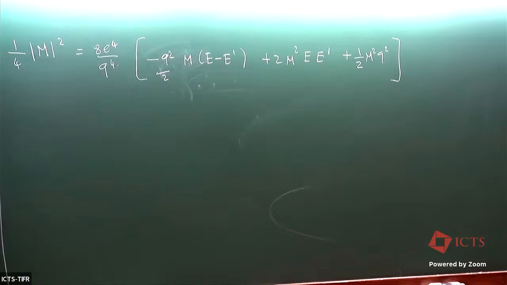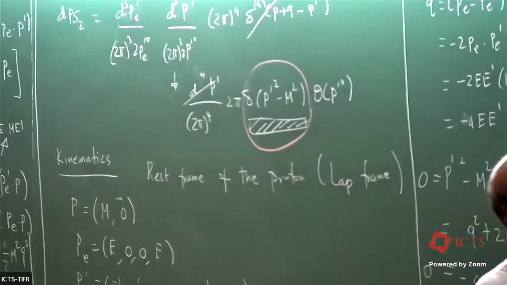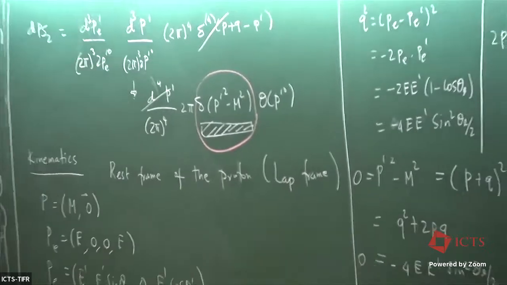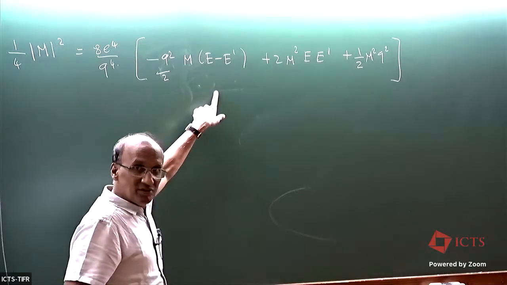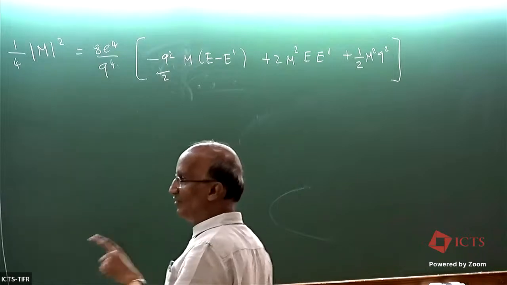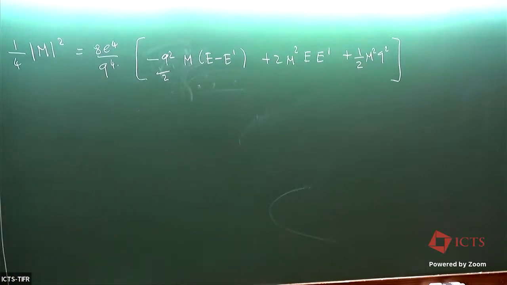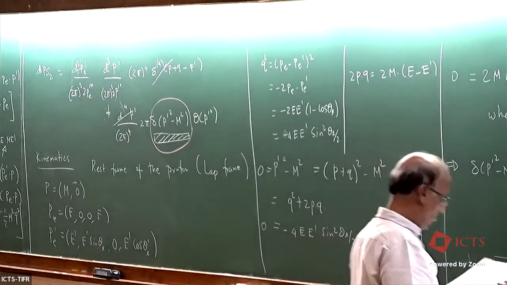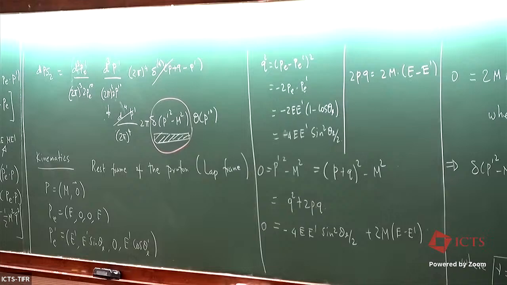So it is simply minus 4E prime times sine square theta by 2. So I can directly substitute here, q square sine square theta by 2. By just substituting these two invariants, you get very simple looking expressions.